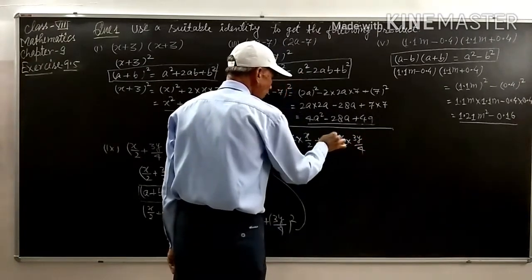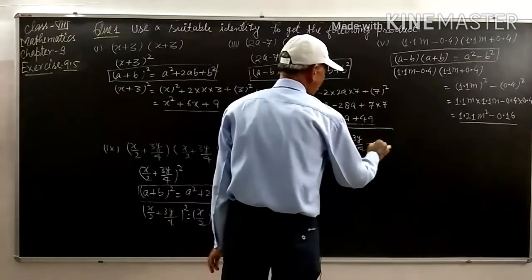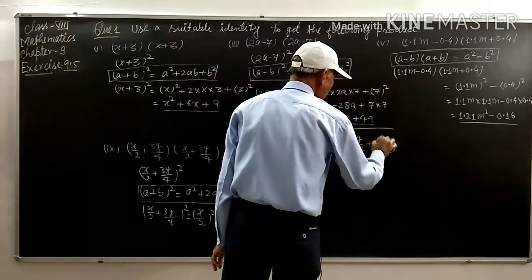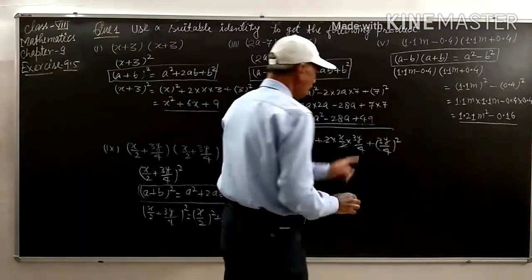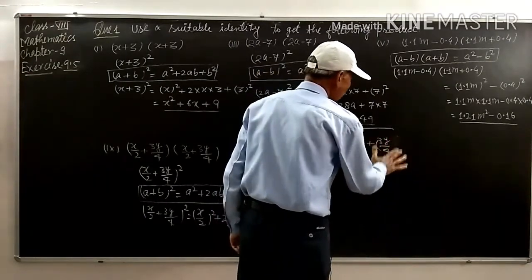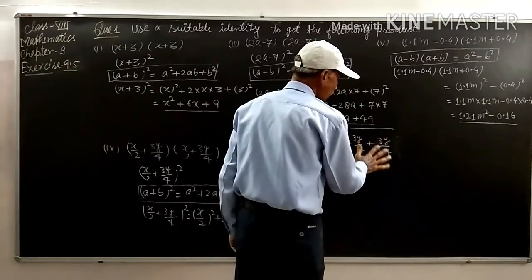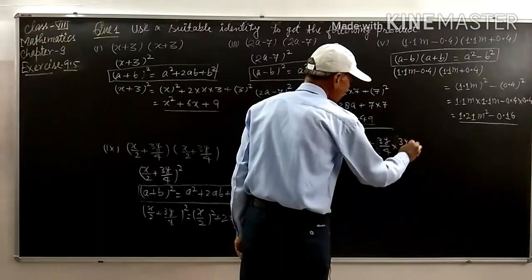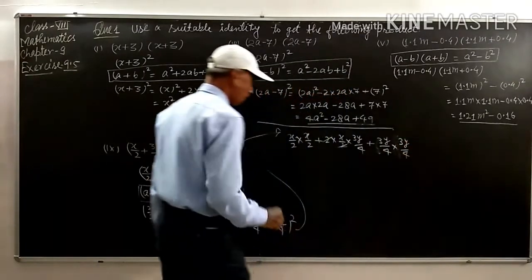So, 2 and 2 cancel here, plus 3y by 4 whole square. It means you have to write here 3y by 4 into 3y by 4, students.